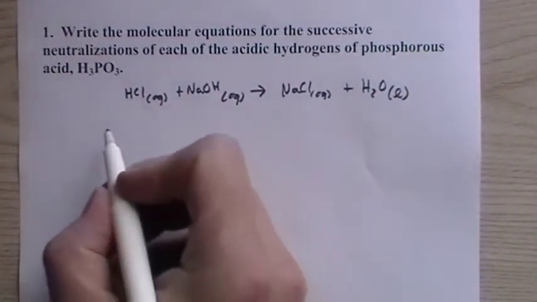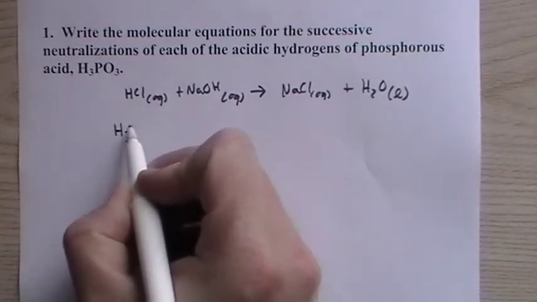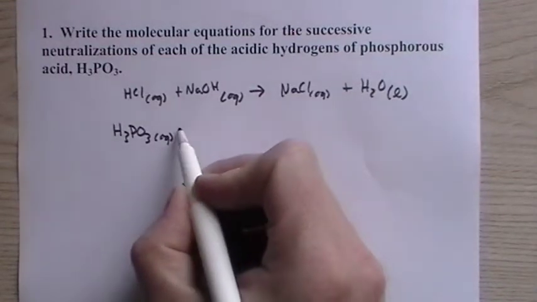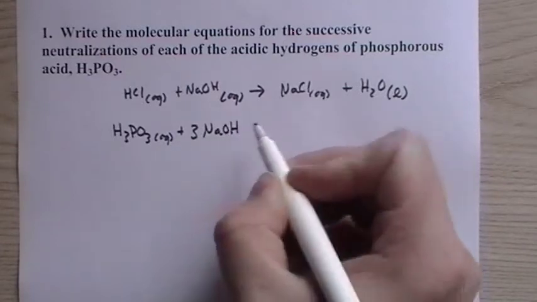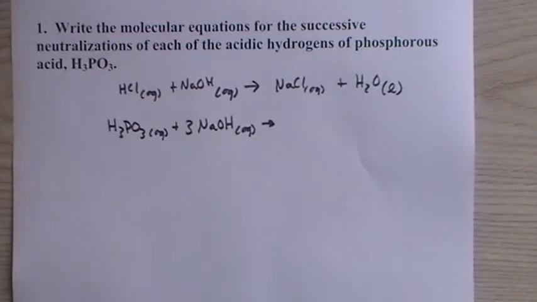But if we have a triprotic acid, this is polyprotic, there are 3 H pluses, and that's what they're asking us to do. Well, we need 3 sodium hydroxides to react all of the H plus that's available.